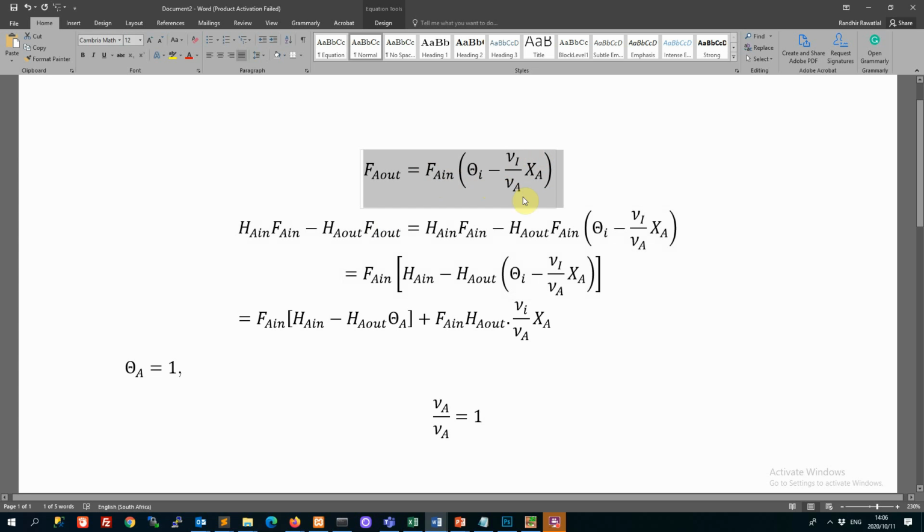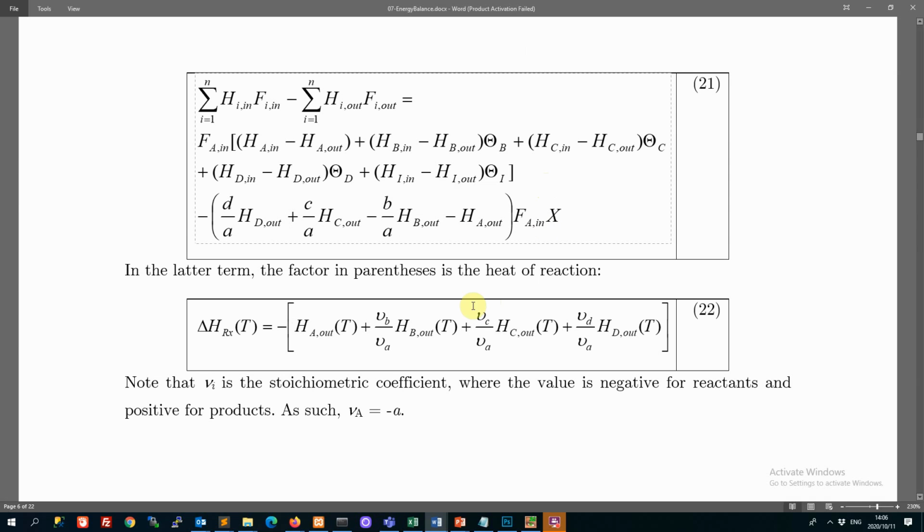And so that's why we are seeing this ratio and times X A. That is all ending up with this definition. So yes, heat of reaction is just a definition. It's only telling us about the energy difference that happened during reaction. If you like, it's the unaccounted for energy, right?